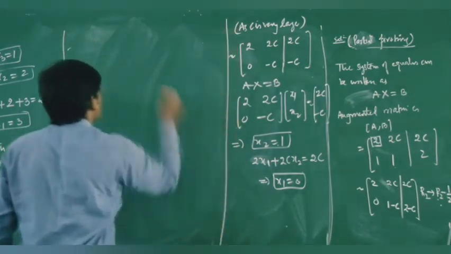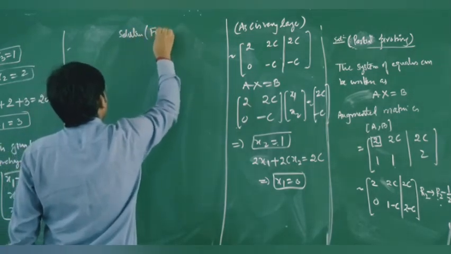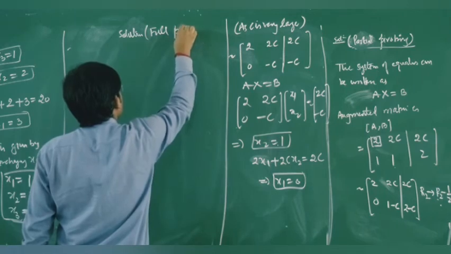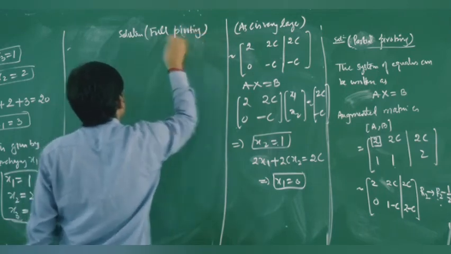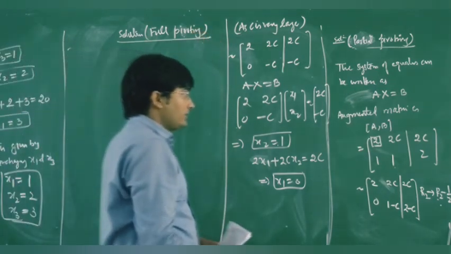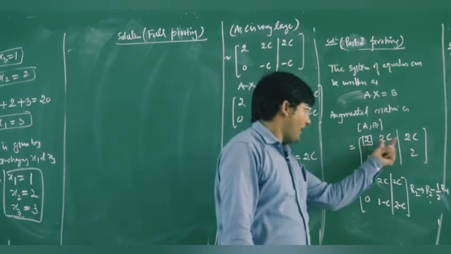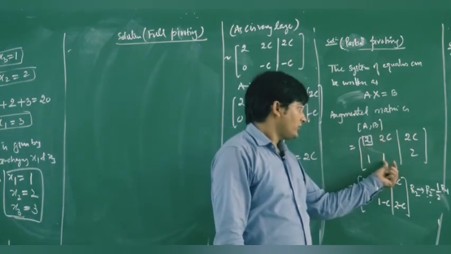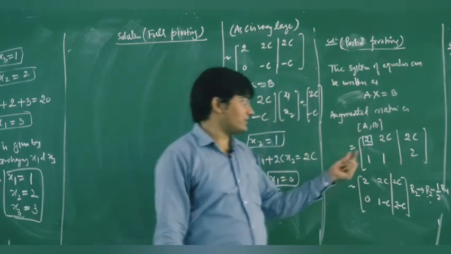So solution by full pivoting. Now, so let us apply the full pivoting. Now, in case of full pivoting, we have this matrix A. Now, here you consider as our C is greater than 1, as our C is numerically largest.